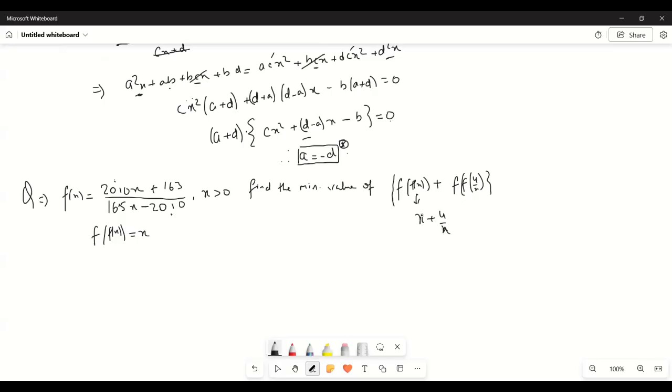Now how do we find the minimum value of x plus 4 by x? AM greater than equal to GM कर दिया, So x plus 4 by x by 2 is greater than or equal to 2. So this will always be greater than or equal to 4. So the minimum value is 4.